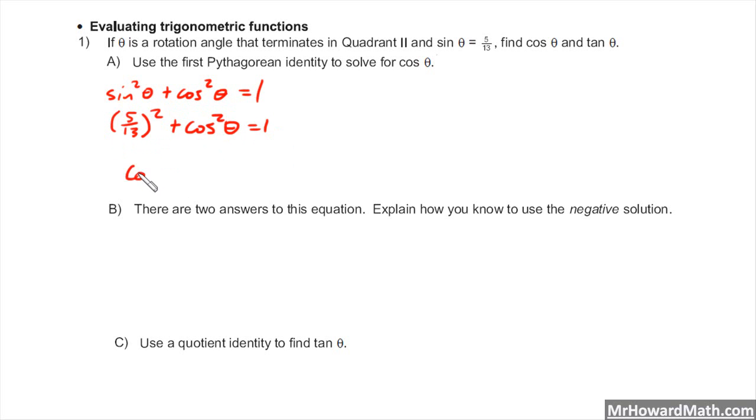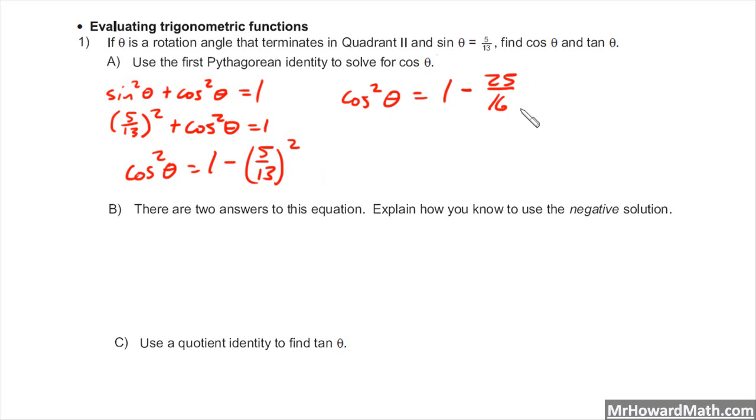So then algebraically we get cosine squared theta equals 1 minus the quantity 5 over 13 all squared. So coming up here, that would give us cosine squared theta equals 1 subtract 25 over 169. So that's just squaring. 5 squared is 25, 13 squared is 169 here.